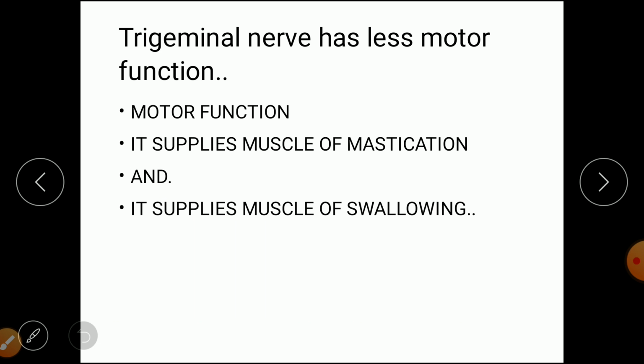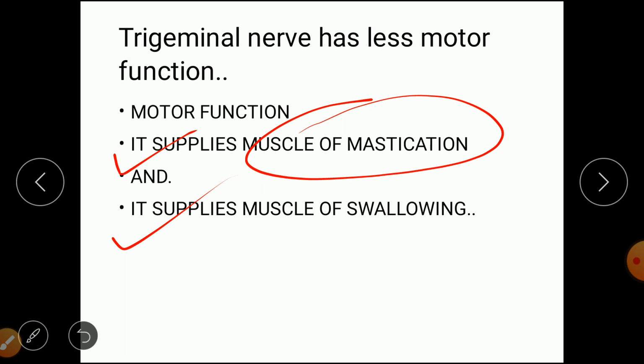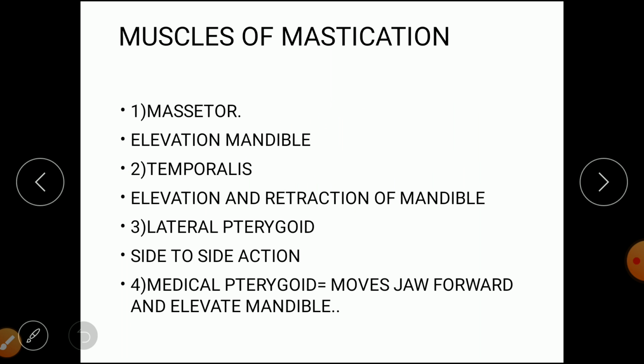The trigeminal nerve has less motor function. Which is the motor function? It supplies the muscles of mastication and the muscles of swallowing. First, the muscles of mastication: there are a total of 4.